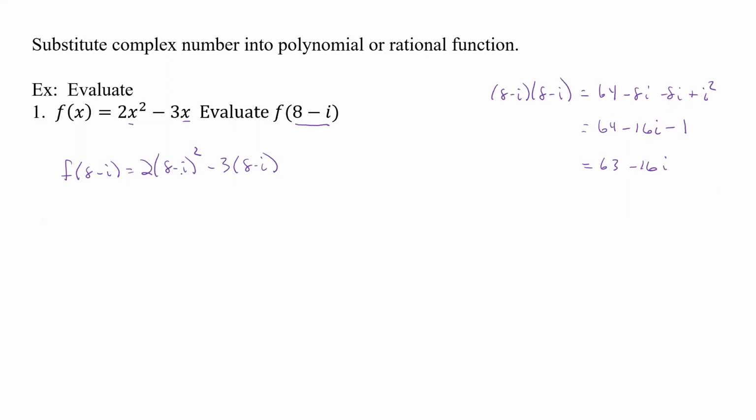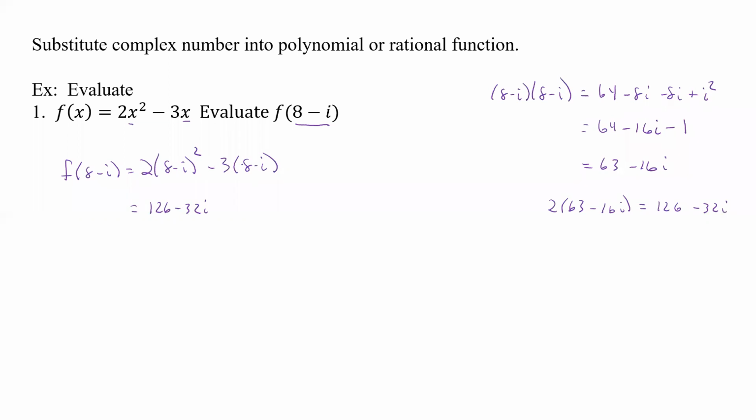Now we just have to take that times the 2. So now we'll take 2 times 63 minus 16i. So if we take that, that's going to be 126, and then that's minus 32i. And so that is what this first piece is. So if we write that 126 minus 32i, there we have that.